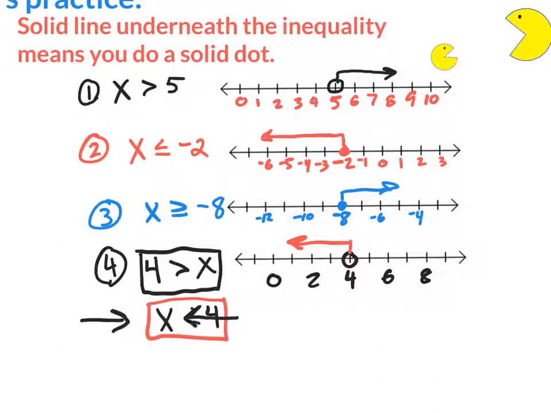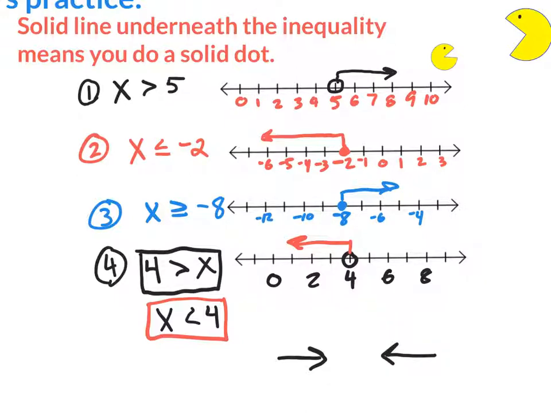Does that make sense? Yeah. Okay. Now that does not work if you have your x on the right side. You can't use the arrow concept. You can't say, oh, it's going that way. That's incorrect. In order to use this arrow concept, you need to have the variable on the left side and the number on the right side.